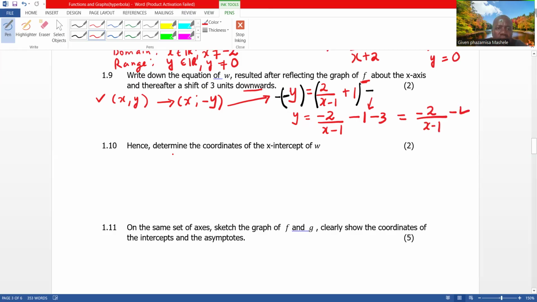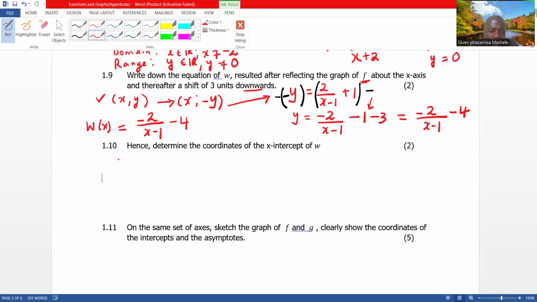So the equation of w(x) will be minus 2 divided by x minus 1 minus 4, because of the reflection about the x-axis and also a shift of 3 units downwards. I believe you guys are following.